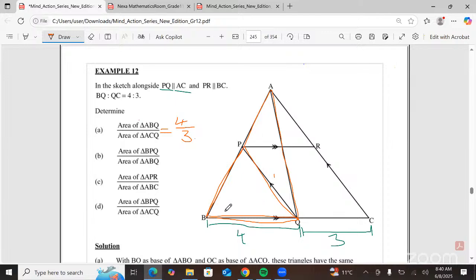If we take this side as our floor, then our height will be right here, perpendicular to the floor. This is the height of the two triangles. This is the height H.